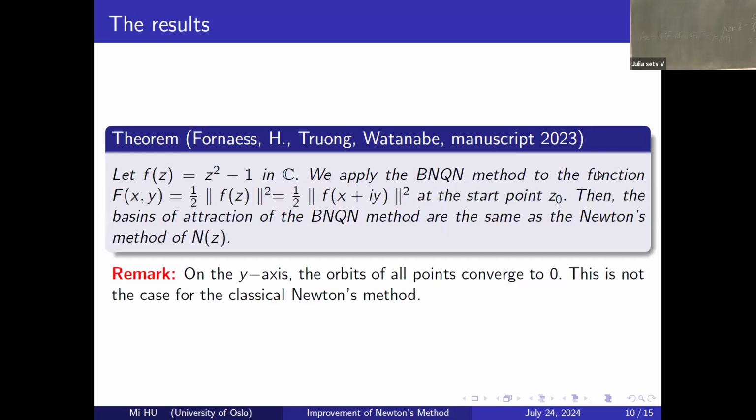Now we can consider the backtracking Newton method for this one. We have the theorem: f(z) equals z squared minus 1 on C. Any quadratic function reduces to this. If we know how the orbit goes for this function, that will be very good.